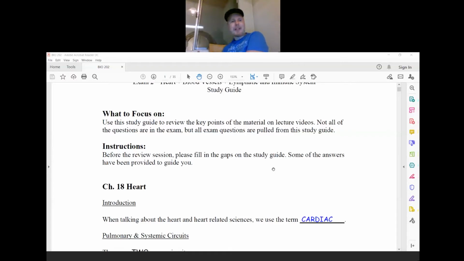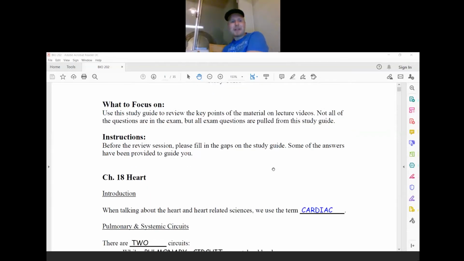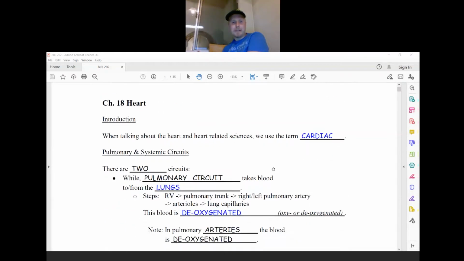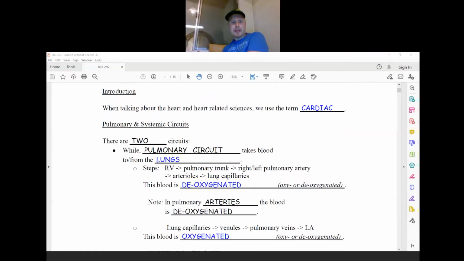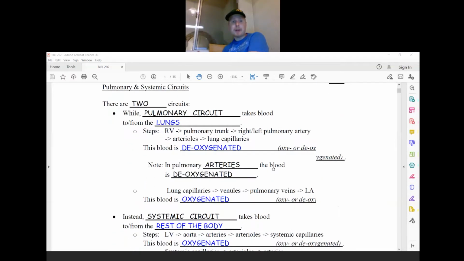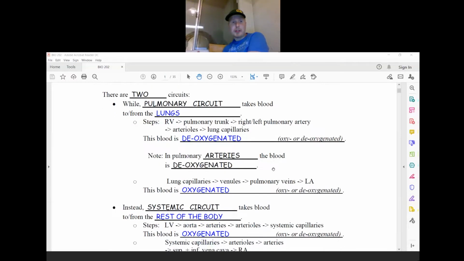So the other thing that we noticed when we started talking about the heart was that there were two circuits that we were looking at. And those two circuits that we saw were pulmonary and systemic circuits. We, of course, remember that the pulmonary circuit is all about the lungs.